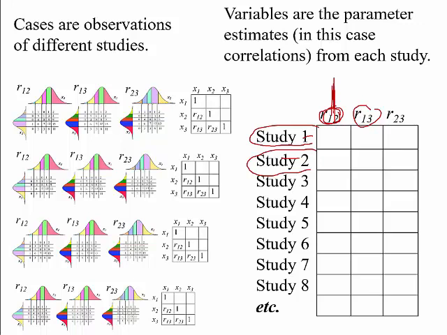What are the correlations that we got when we ran our study? So instead of variables, we have correlations that we got from our study. Instead of people, we have studies. But we still have a data set that has rows and columns in it.